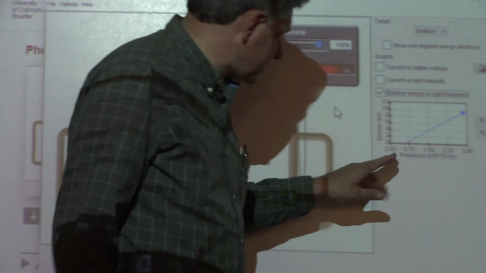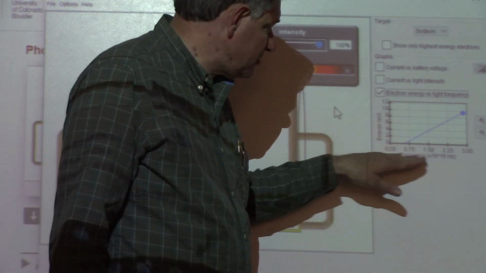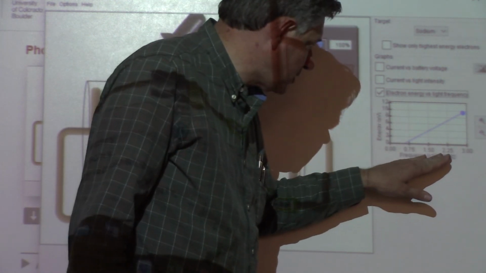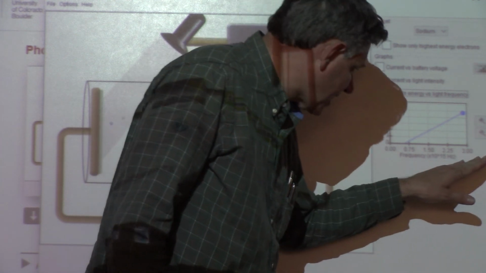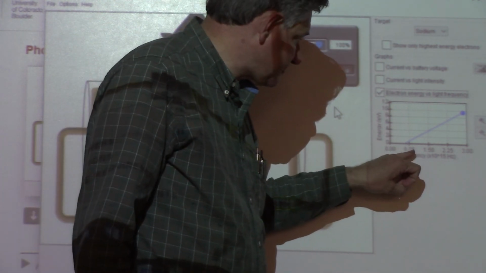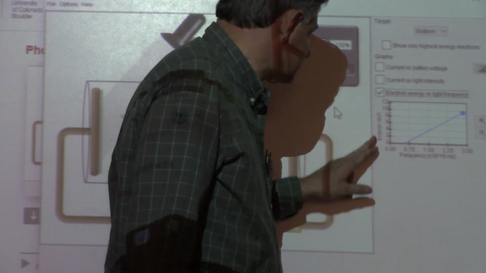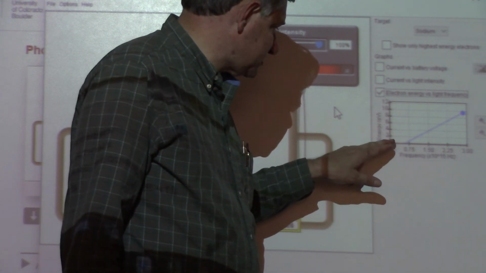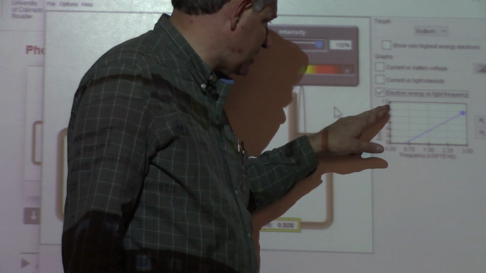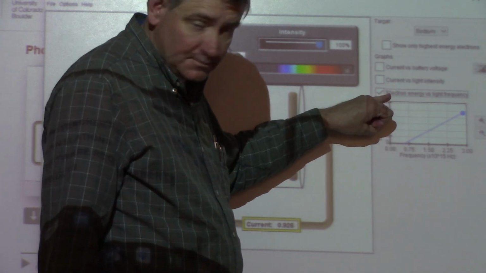So this frequency, and I'm just going to have to show you this, okay, is going from 0, 0.75, 1.5, 2.25, 3. And this is like 10 to the 15th. So this is like 0.75 times 10 to the 15th, 1.5, okay? And then this is your energy in electron volts, which is going 0, 2, 4, 6, 8, 10, 12. So this is going from 0 to 12.